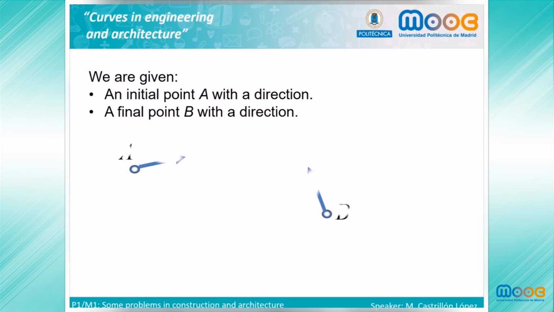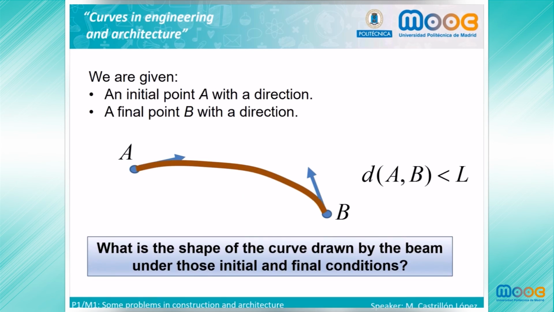These directions are defined by vectors on the points. We assume that the distance between the points is less than L. The question is, what is the natural shape of the curve drawn by the beam under those initial and final conditions? The solution of this problem will be given in one of the videos of the third module.